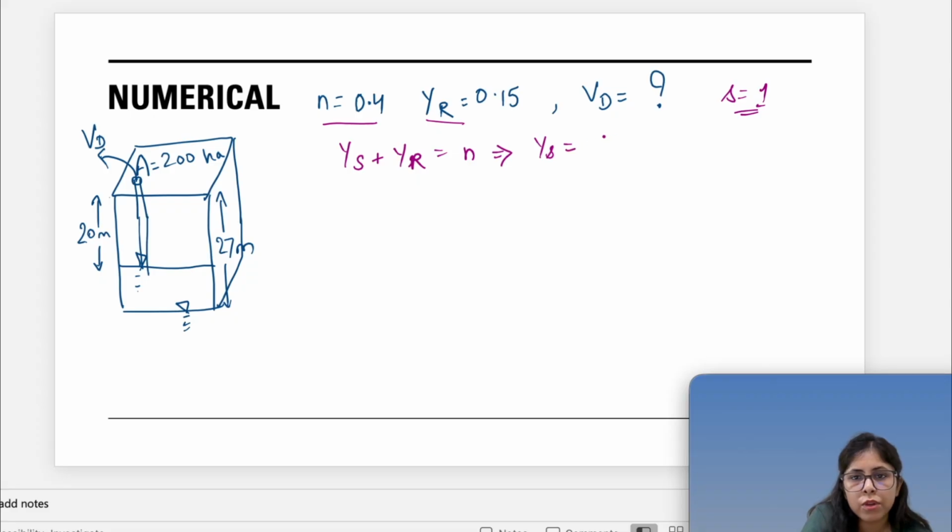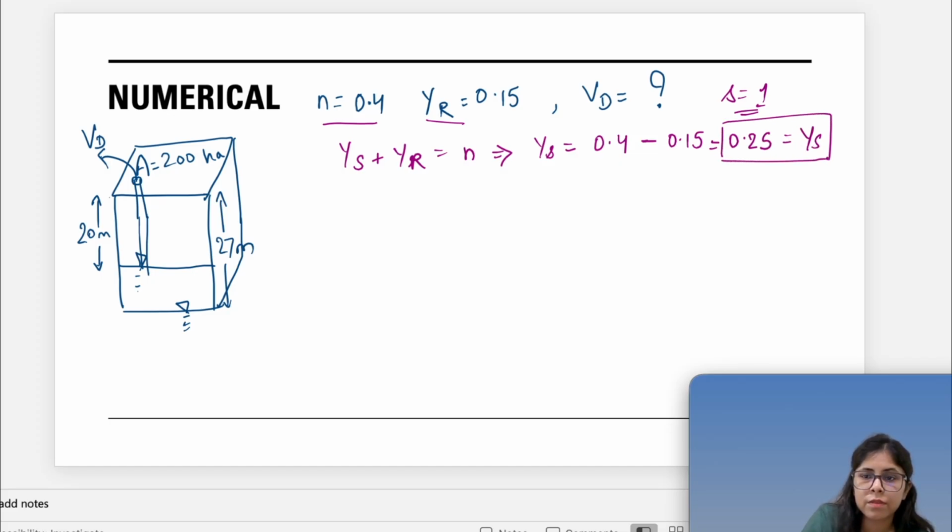So now Ys is equal to n minus Yr, and n is 0.4 and Yr is 0.15. So it comes out as 0.4 minus 0.15, which is 0.25. So that's Ys.